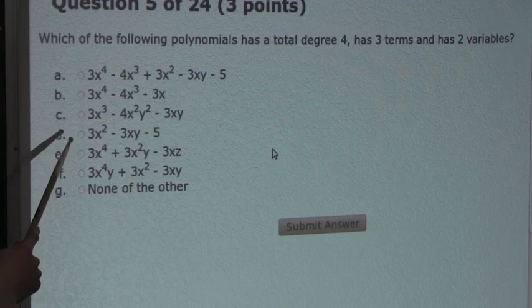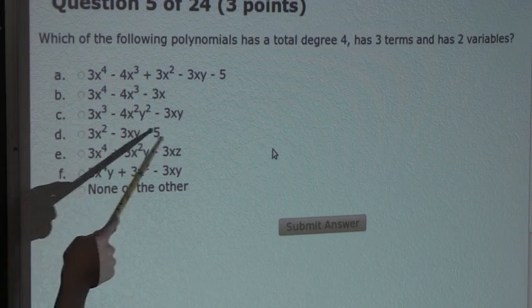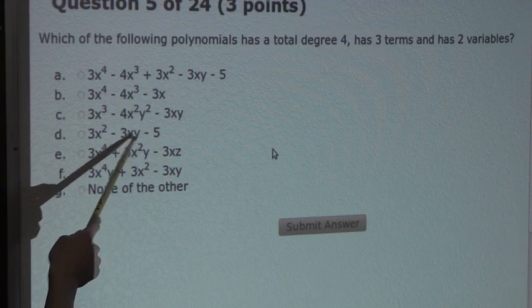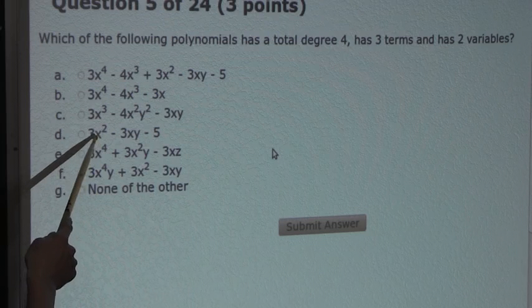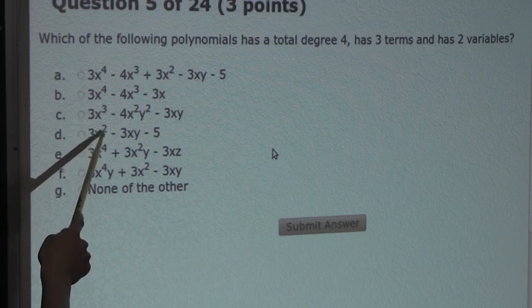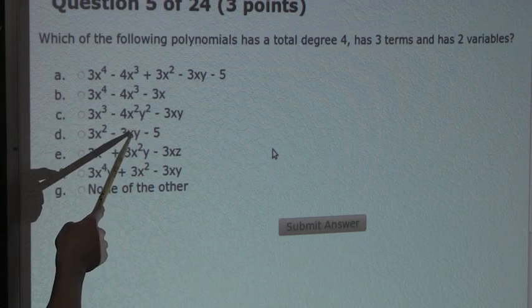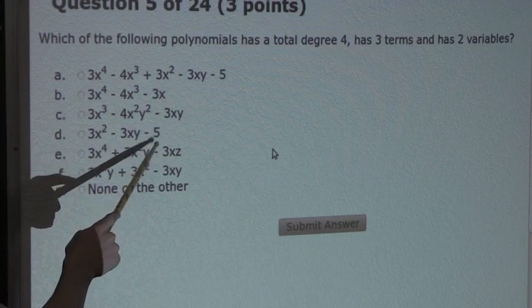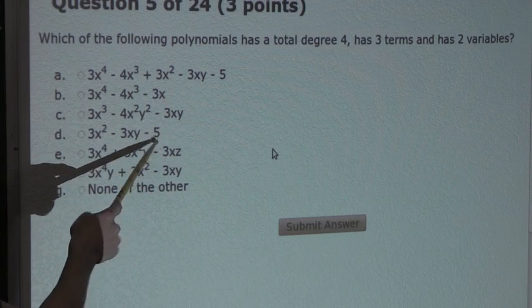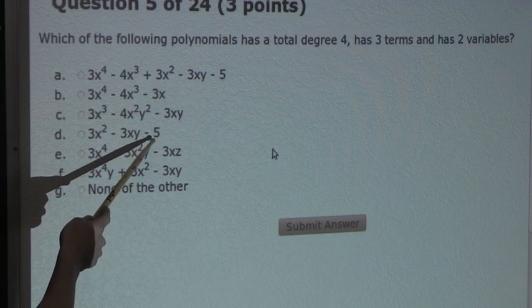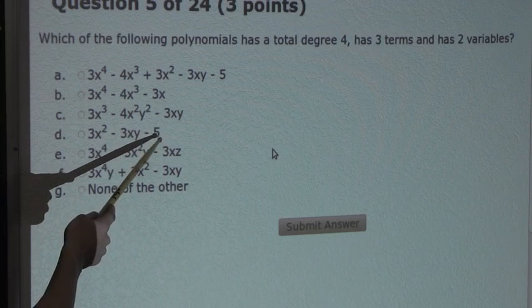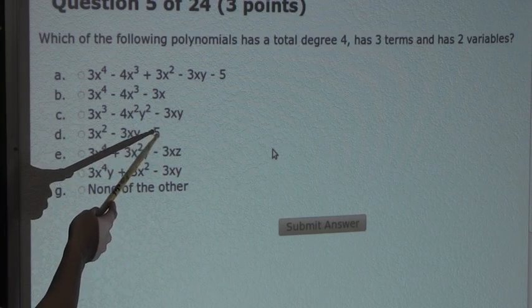So let's move on to D. D has 3 terms, which is what we need, and also 2 variables, x and y. The total degree for the first term is 2. For the second term, it is 1 plus 1, which is 2. And now for the third term, which is minus 5, it is the same thing as writing minus 5 times x to the power of 0 times y to the power of 0.